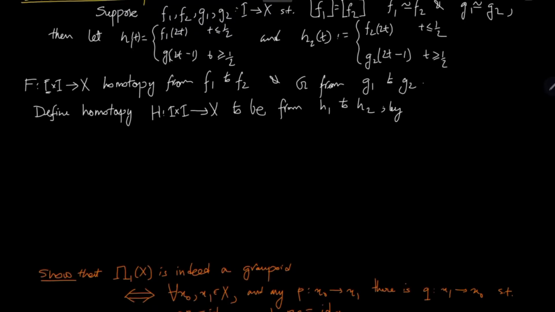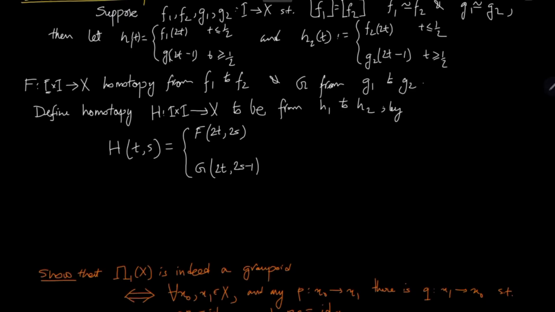How do we define this homotopy? We say that h of t comma s is equal to f of 2t comma s, and g of 2t minus 1 comma s.